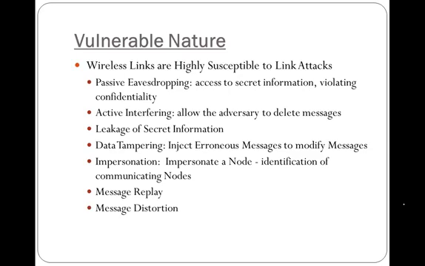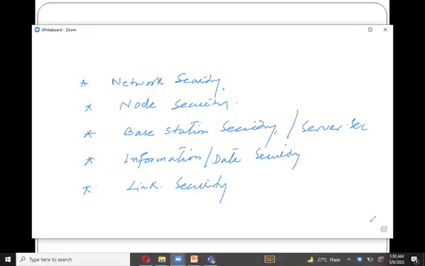So here you can see that wireless networks and links are highly susceptible to different types of attack. We might have passive eavesdropping, where an attacker might access some secret information, violating the confidentiality. If we discuss the types of attack here on the whiteboard, we have two types of attack.